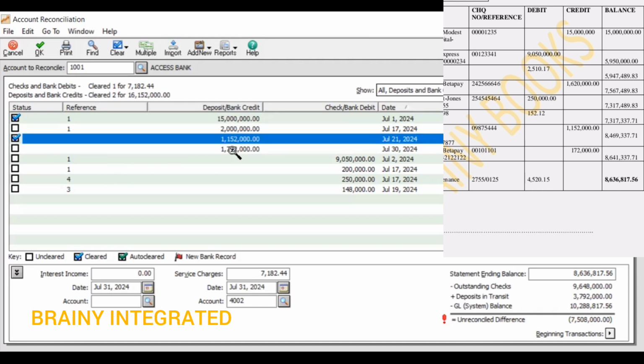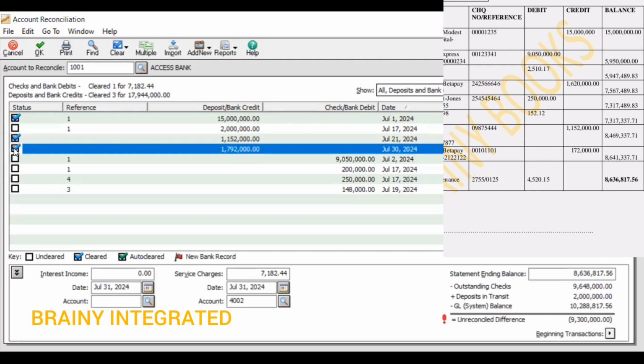This 1,792, don't forget this transaction that we went to adjust in the cash book. It is the addition of 1,620. Remember that transaction now? 1,620,000 plus 172,000. That was what gave us this 1,792. So the money has cleared now because we have adjusted that.